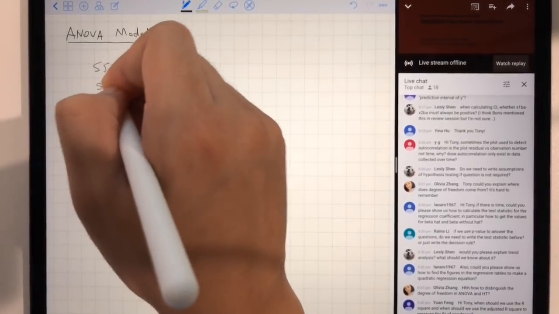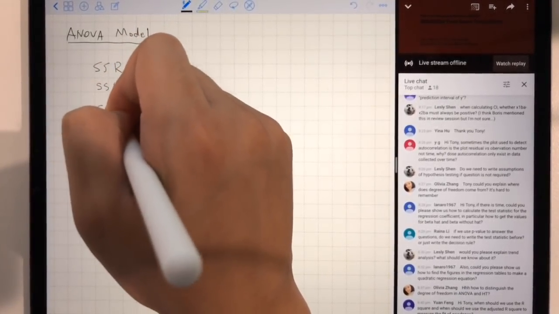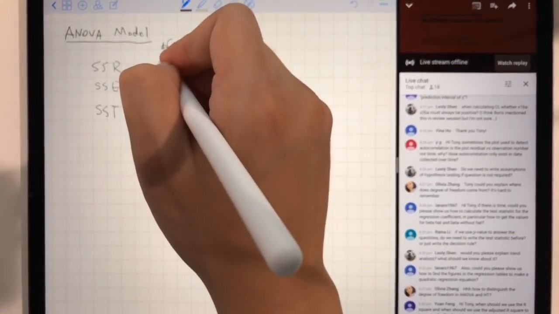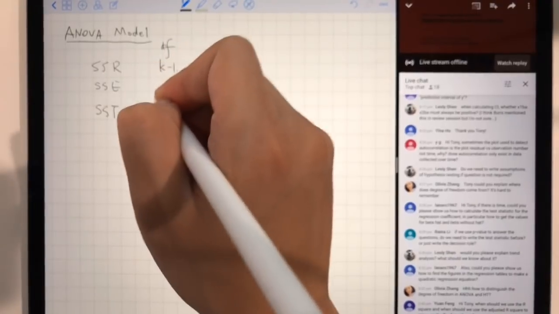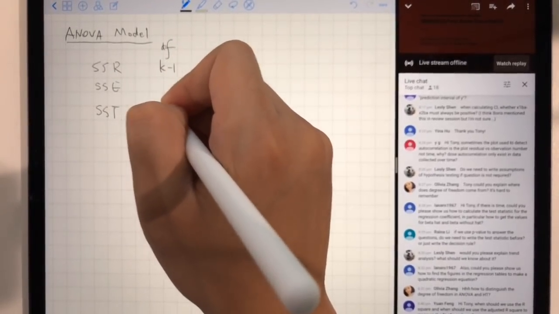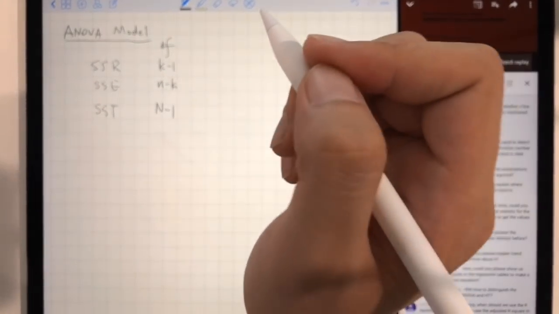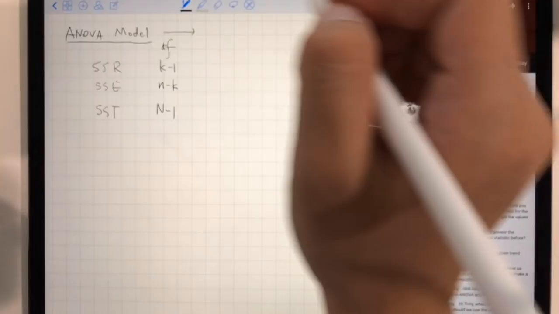We also have SSE and SST. And the degrees of freedom of them are, for SSR, k-1, for SST, n-1, and for SSE, n-k, right?